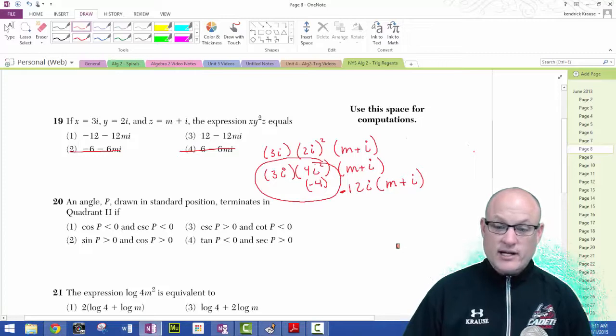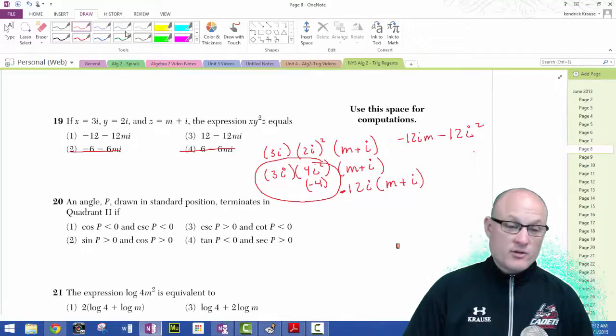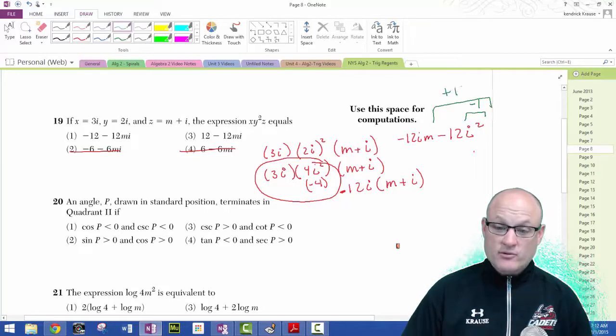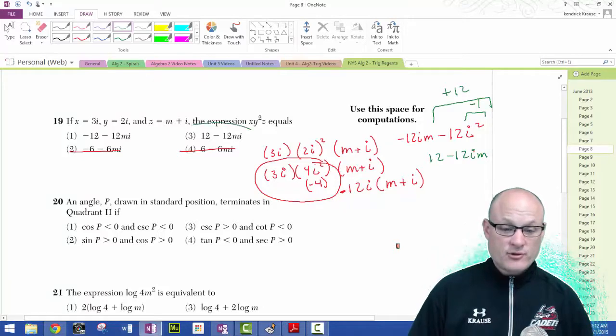So when I distribute that, I get -12im minus 12i squared. Now, we just set it up. I'll say it again. i squared is really -1. So this thing becomes positive 12. So my final answer is 12 minus 12im. And that's choice 3.